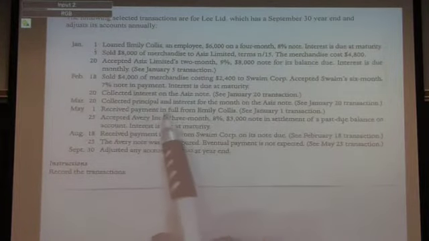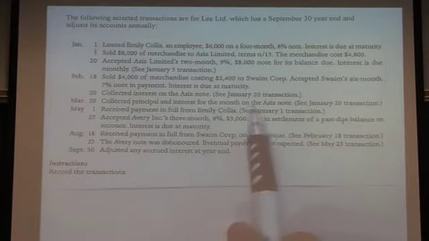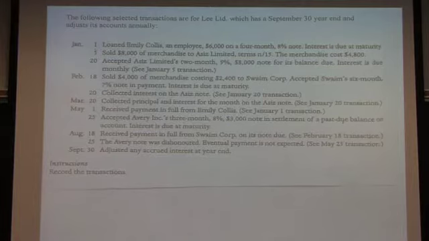They collected the principal and interest for the month on the assist note. So now they have collected everything from assist, including the last month of the interest as well.